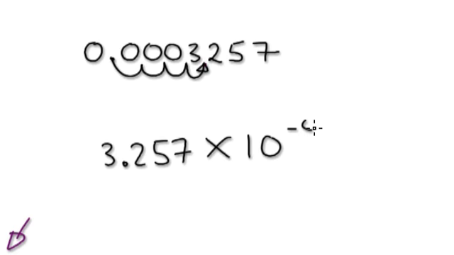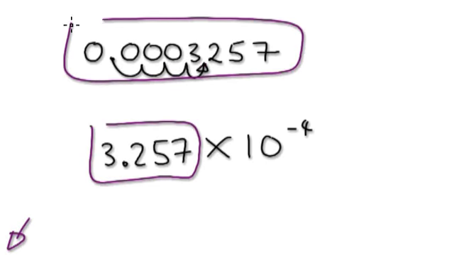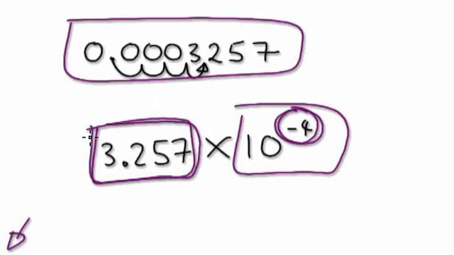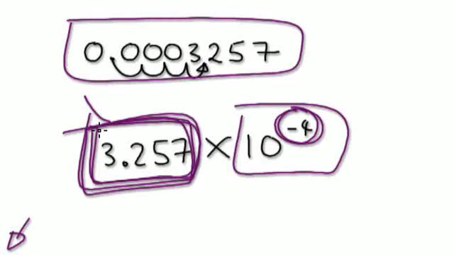So it's going to be minus 4, because this number is quite big. It's bigger than this number here. It has to be a minus, because you start here and then you've got to make it smaller. So to make it smaller, you've got to power it to the negative.